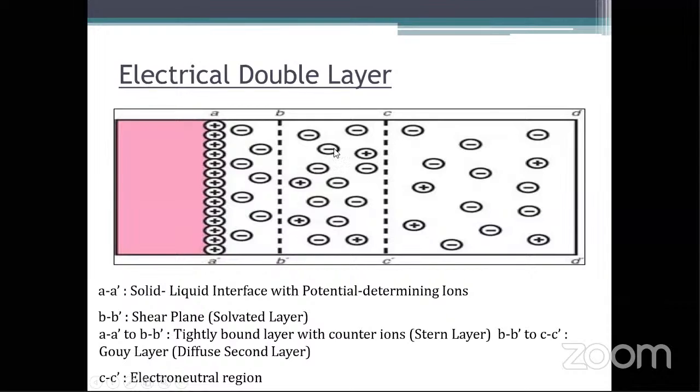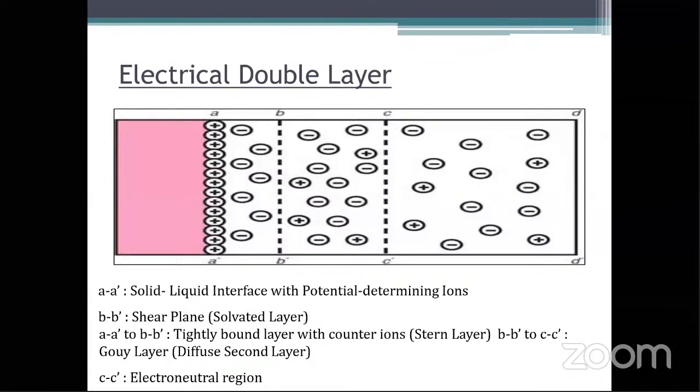Next, the third layer, BB dash to CC dash. This layer is known as the diffusive second layer. This region is bound by the lines BB dash and CC dash.